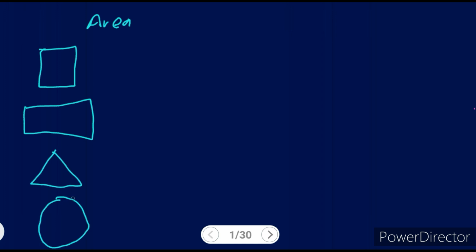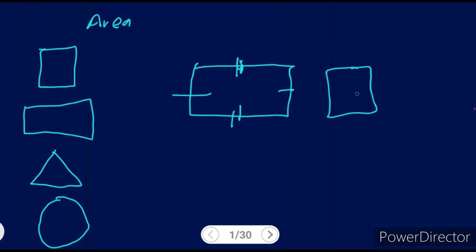a circle. By the way, a square is also a rectangle, because the requirement for something to be a rectangle is that opposite sides must be equal. A rectangle has opposite sides equal, and a square also fulfills that. The only thing is that a square is special in that all sides are equal.